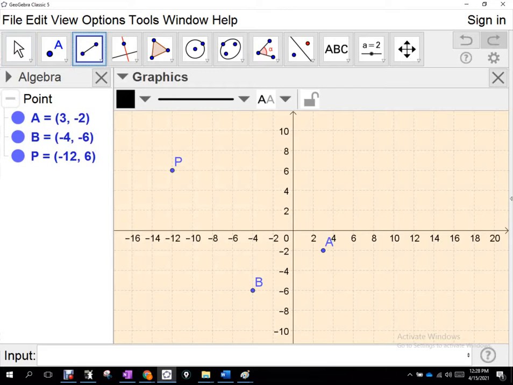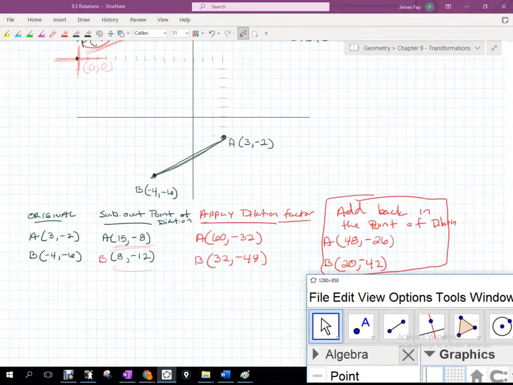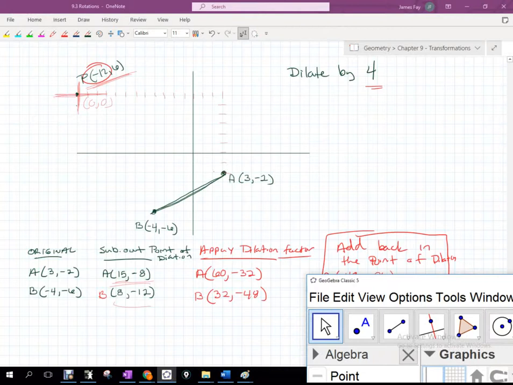Yes. Because we subtracted it out at the beginning. So when we subtracted it out, we were taking this origin, which is not the real origin, but we were making this the real origin.